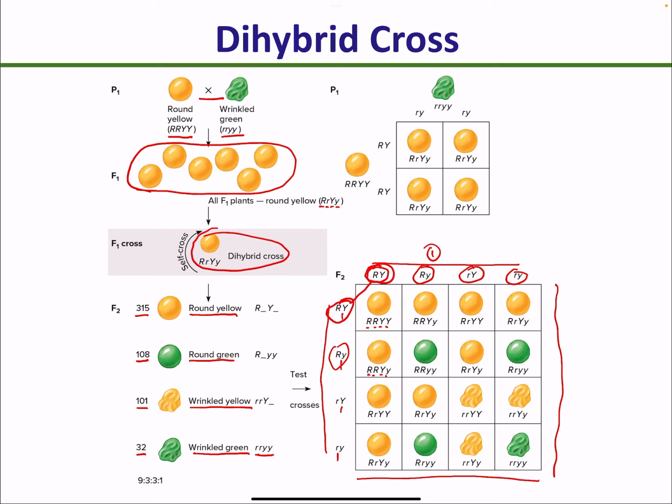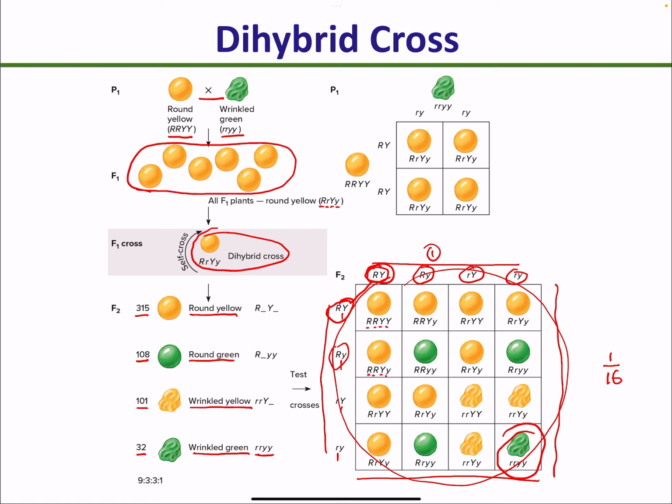So in terms of ratio, altogether in here we have 16 individuals possible. Now, out of the 16 individuals, only one is wrinkled and green. So that's 1 out of 16.